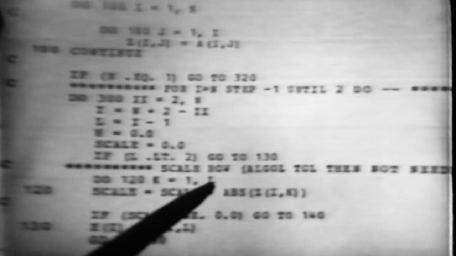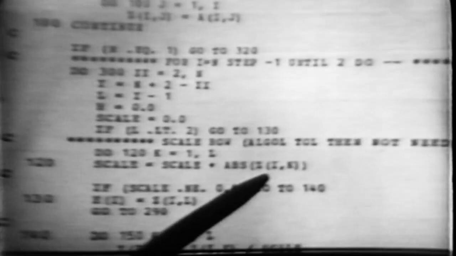We compute the sum of the absolute values. Let's just consider the first case where I is equal to n. So throughout what I'm going to do here now, I is equal to n, and k goes from 1 to n minus 1. And we compute the sum of the absolute values of the last row. This is going to be the scale factor to avoid overflow. All right?